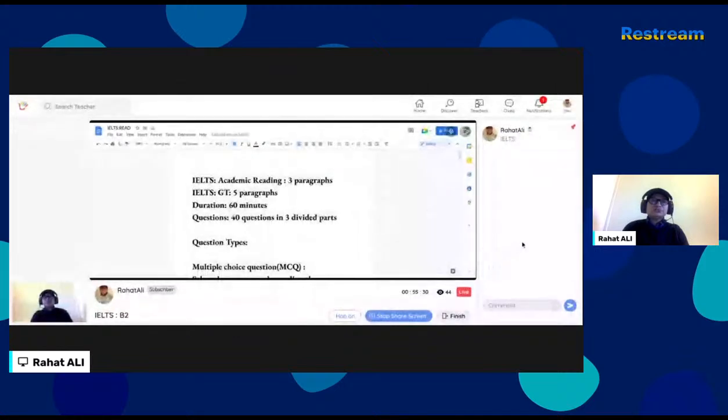If you don't know the rubrics, the rules, the procedure, or how to write a paragraph correctly, then it will be difficult for you to develop a good structure and get a good score.